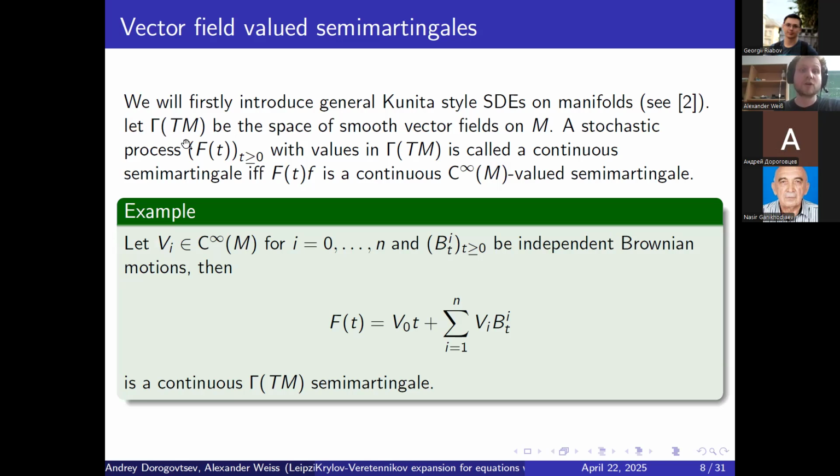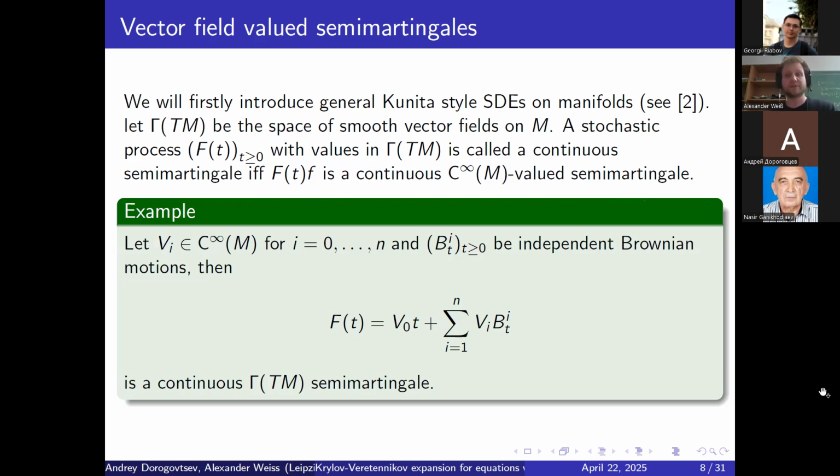This is the space of all smooth vector fields on M. And a stochastic process F_t with values in this space is called a continuous semimartingale with values in the space if and only if the application of a smooth function to this vector field is first of all almost surely a continuous smooth function, and moreover, it is a continuous stochastic process, or more generally, a semimartingale.